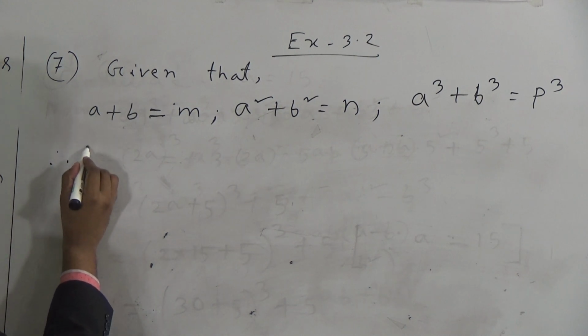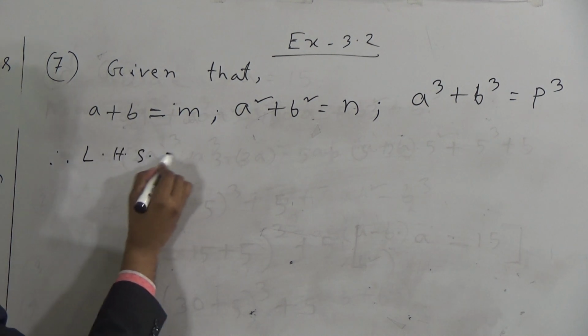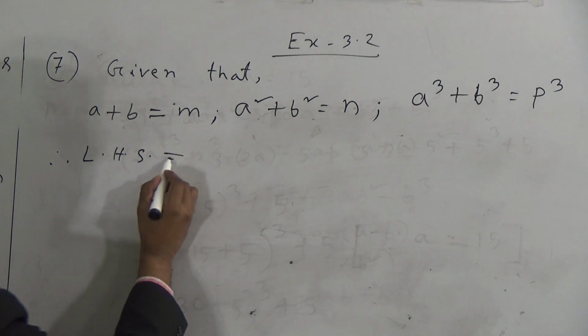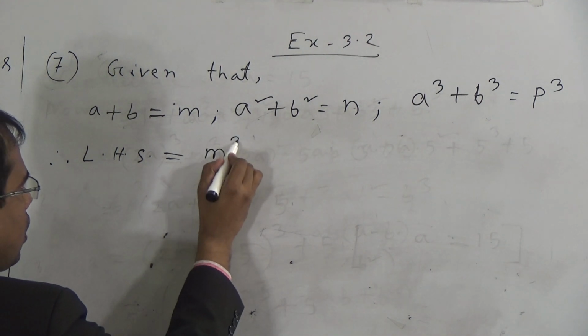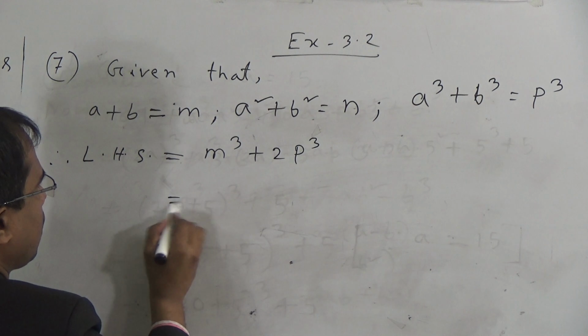Therefore, left hand side is equal to m cube plus 2p cube.